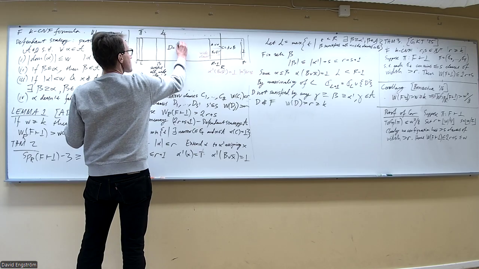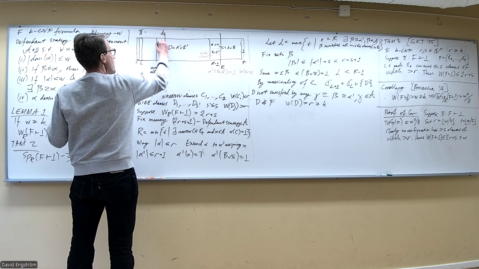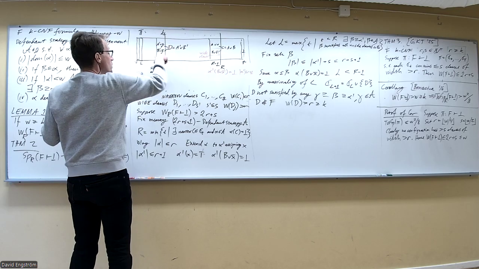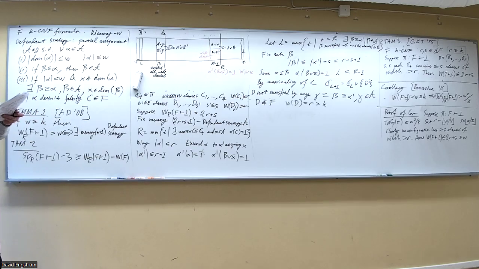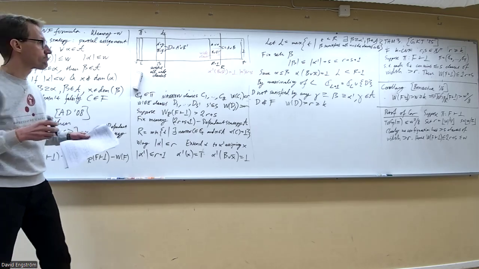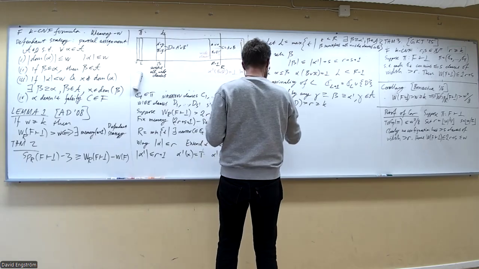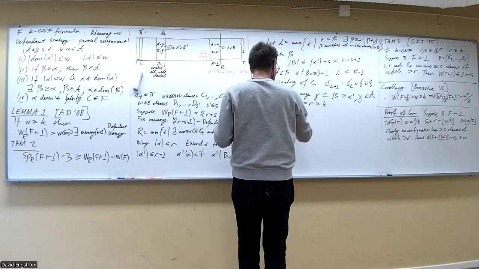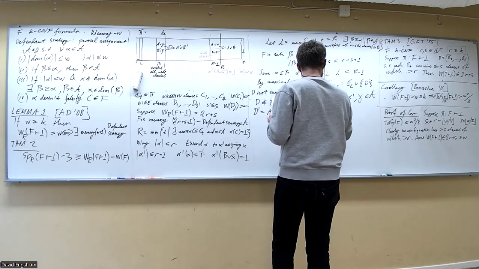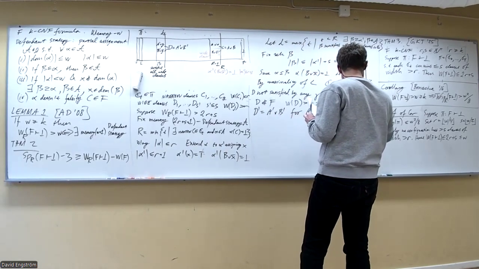Well, then D is A prime or B prime, where A prime or Y and B prime or not Y were in C sub L. So let's write this down carefully because we're getting close to the finish.